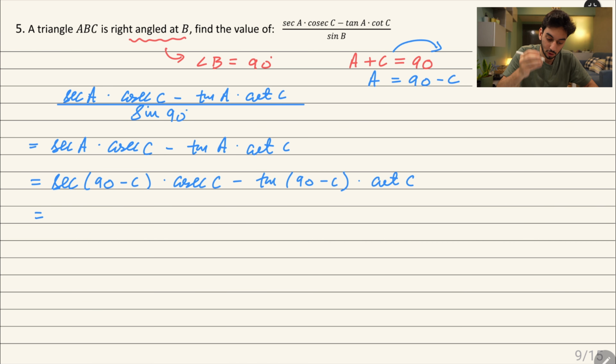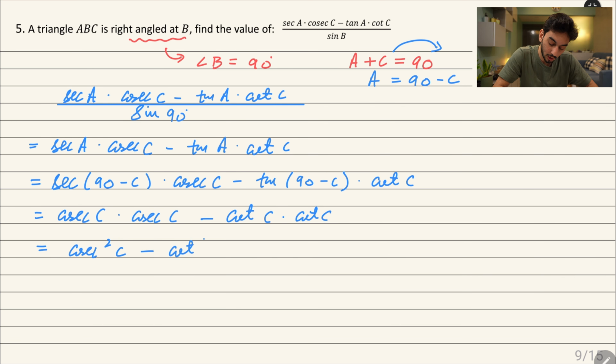So this becomes cosec C times cosec C minus tan(90 minus theta) is cot theta. So this becomes cot C times cot C, which is basically cosec square C minus cot square C.